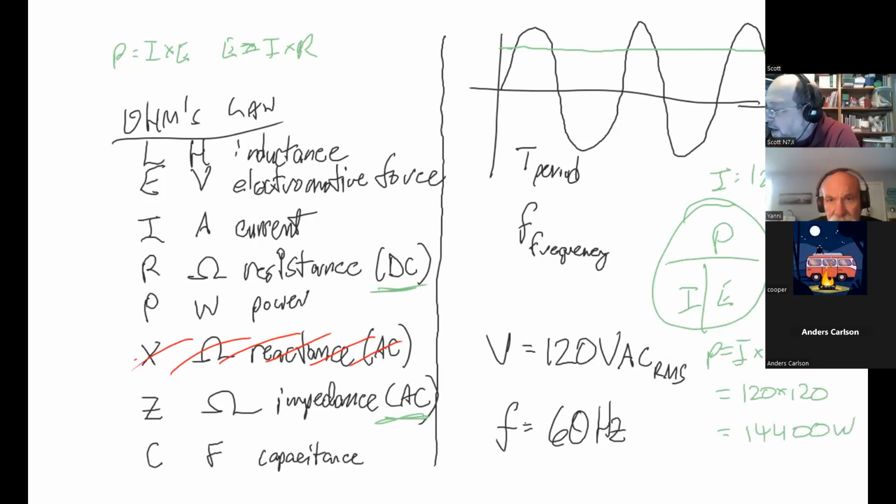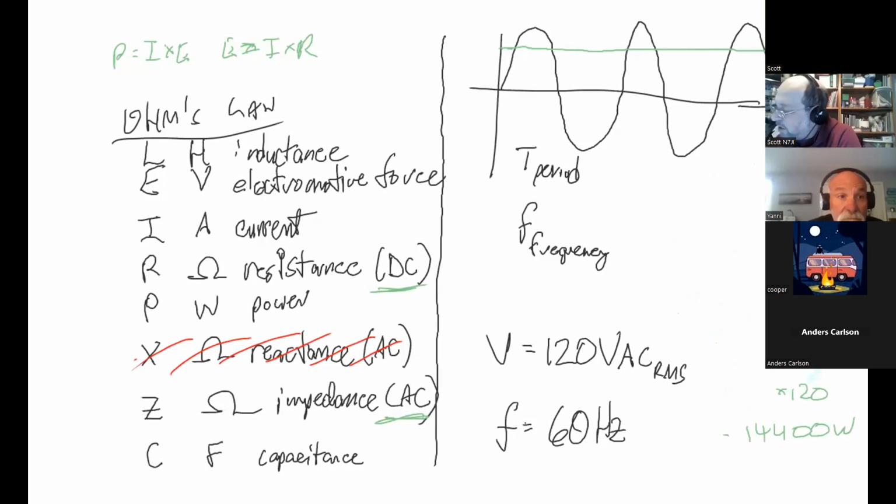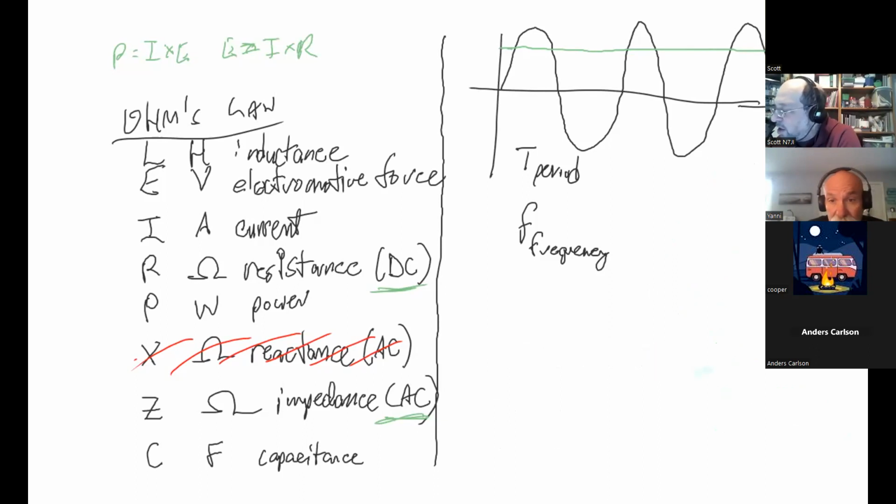But now I'm going to ask an important question to everybody. You've got to really think about this one. If this is what our AC power looks like, we're looking at the black.